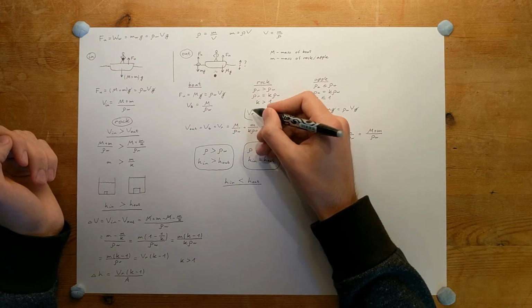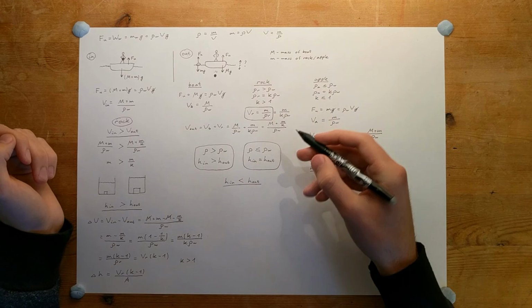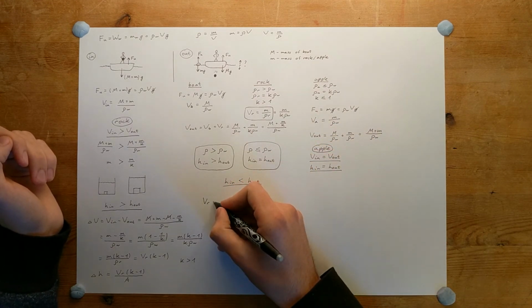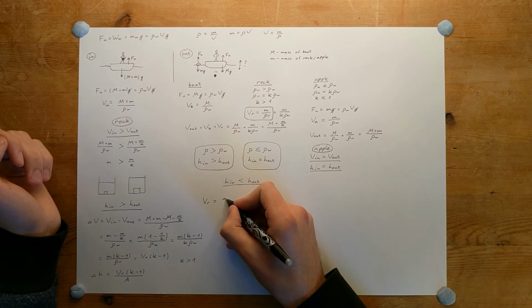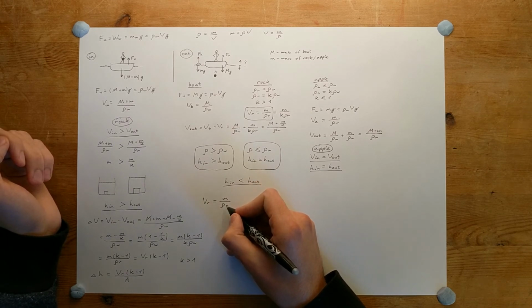So here, when the density is greater than the density of water, the volume displaced by the rock is equal to the mass over the density of the rock.